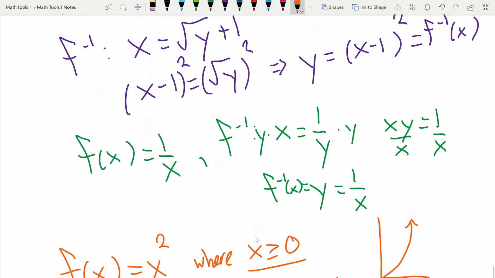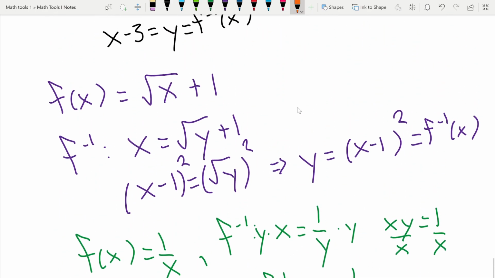So I bring this up because on this one right here, you might have realized if you think about this, this is x squared. This was, first of all, the inverse function of the square root of x plus 1, right? This is x squared moved to the right 1.